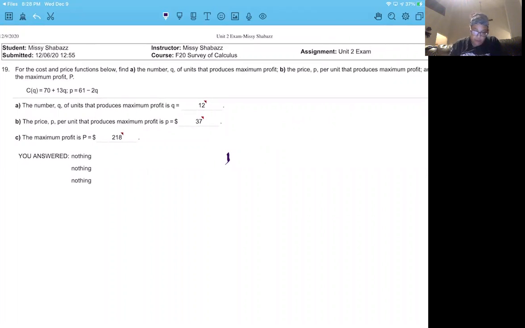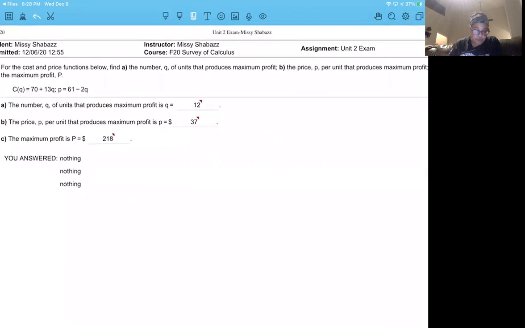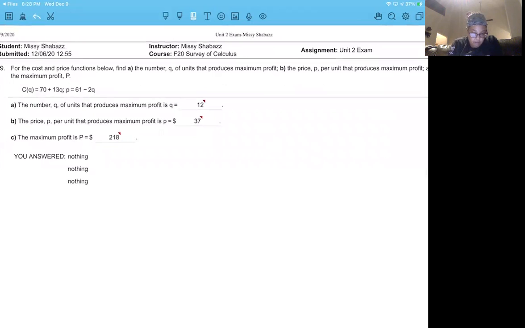All right, so part A asks us to find the maximum profit. Okay, so if I want to find profit, I need revenue minus cost, right?